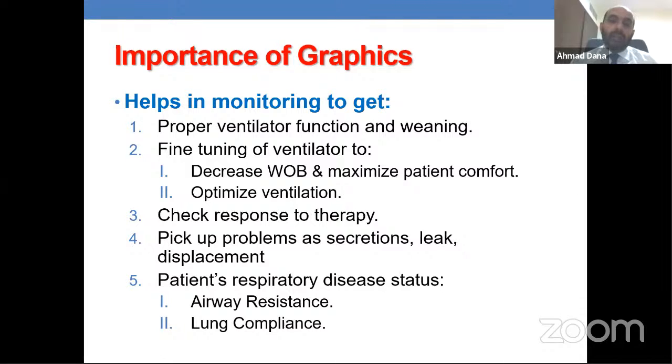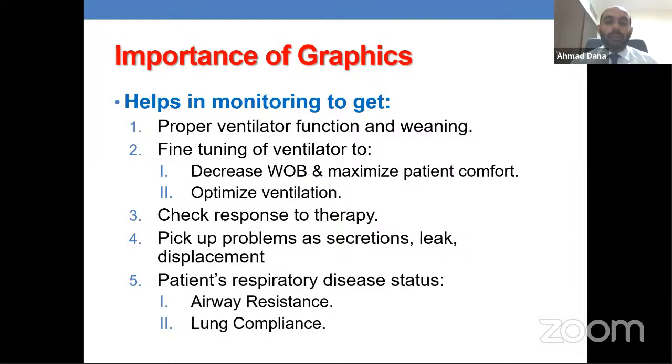So by understanding that, you know how to deal with the function of the ventilator, and of course, the fine tuning. So by understanding what's going on, if the baby is not happy with the ventilator, then you can adjust the settings. So you decrease the work of breathing and you can maximize the patient comfort.